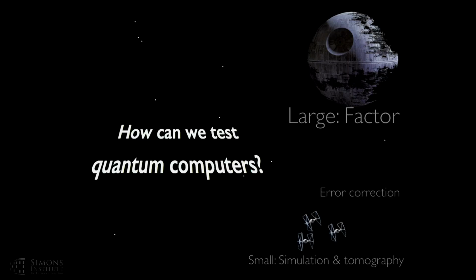If you have a really small system, it's not so bad. If you have 10 to 20 qubits, maybe then you can simulate that on your classical computer efficiently. You can run tomography procedures to see exactly what they're doing. If you have a really large quantum computer with, say, millions of qubits, then you can start factoring some large numbers and just blow up RSA. And then you're happy. You don't even care what it's doing.